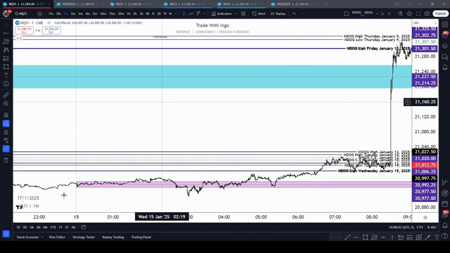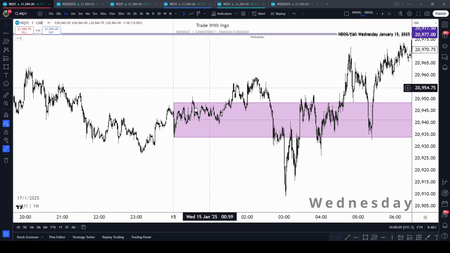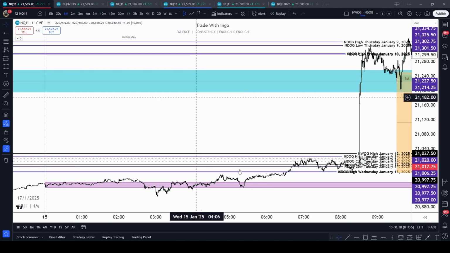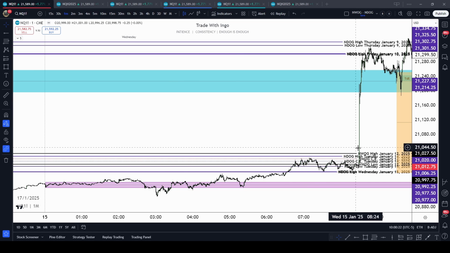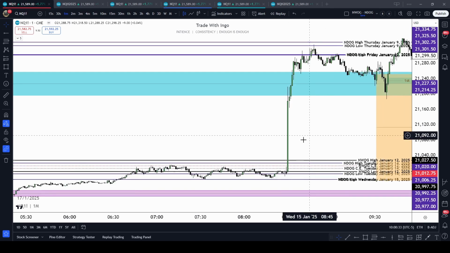Okay, so we're looking into Wednesday's price action. Again, midnight opening range. You can see the confluences. But we had some, let's call it time distortion prior to the 8:30 a.m. CPI release, which, if you've been around long enough, you're pretty familiar with this phenomenon.